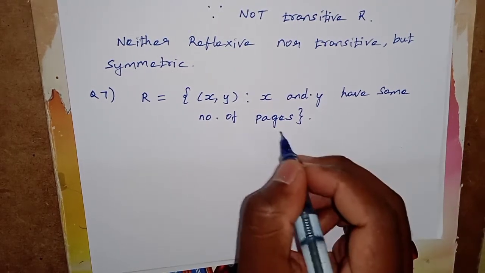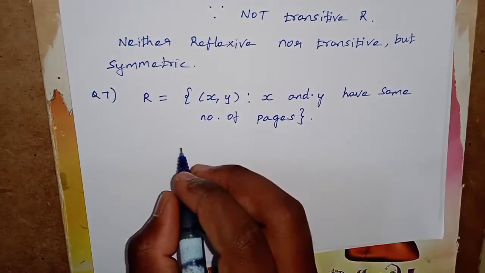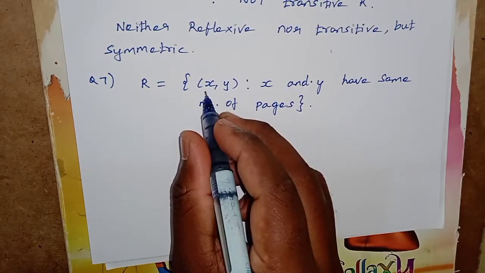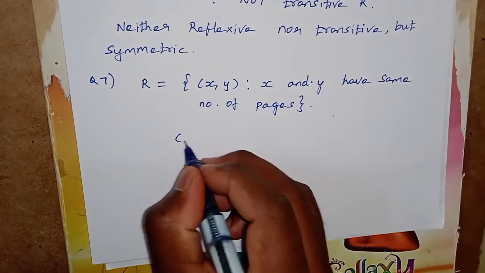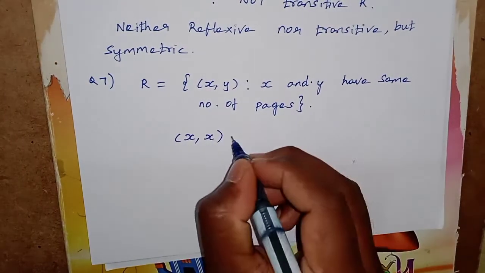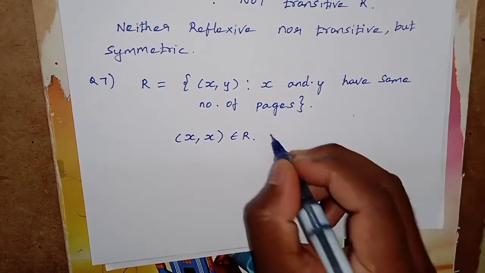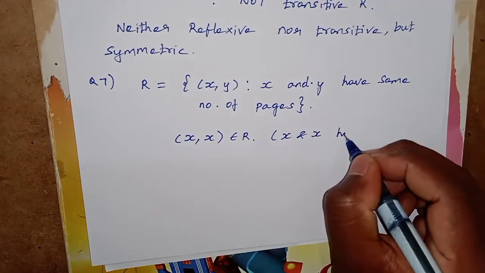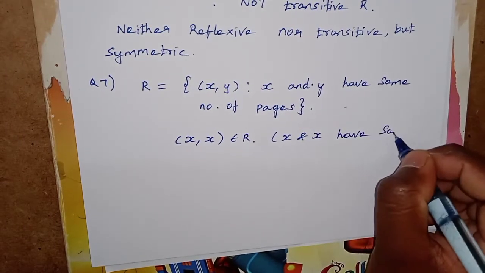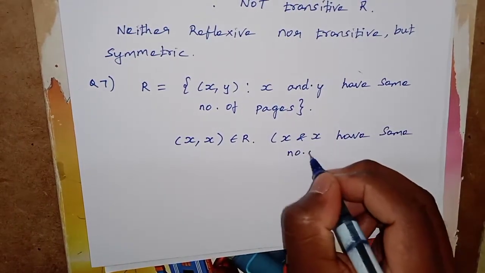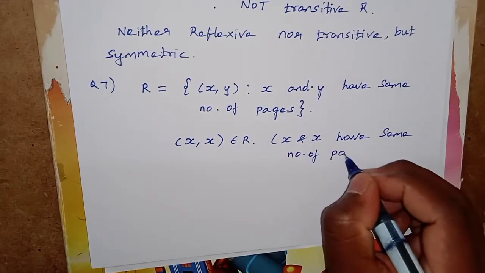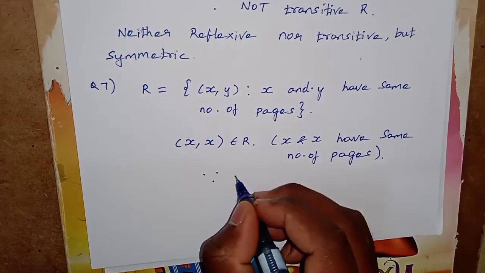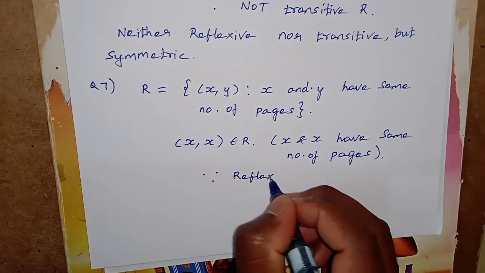The same question is here. First you have to satisfy reflexive. For reflexive, for every a belongs to capital A, therefore here (x, x) belongs to R, because x and x have the same number of pages. Therefore here it is a reflexive relation.